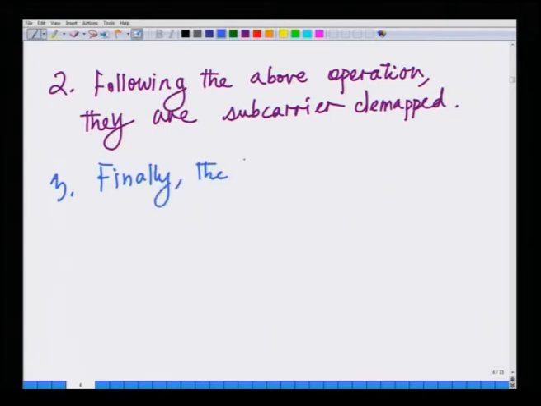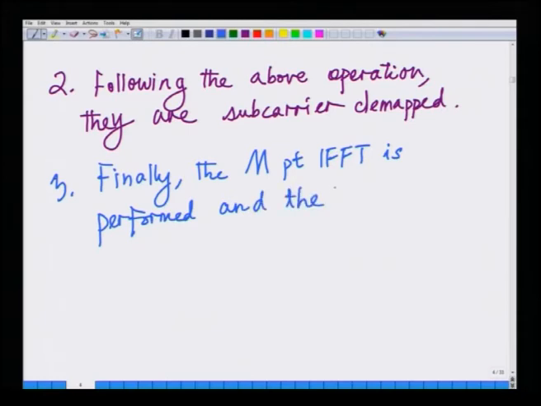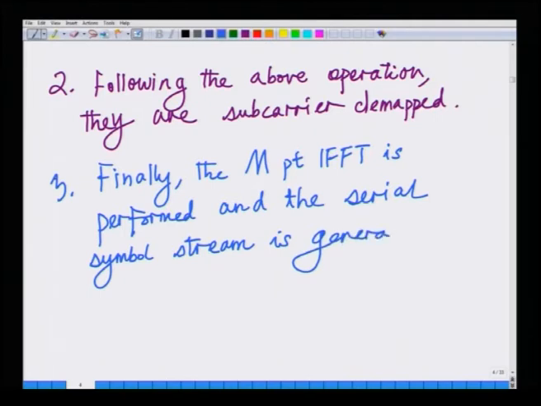Finally, the M point IFFT is performed and the serial symbol stream is generated.